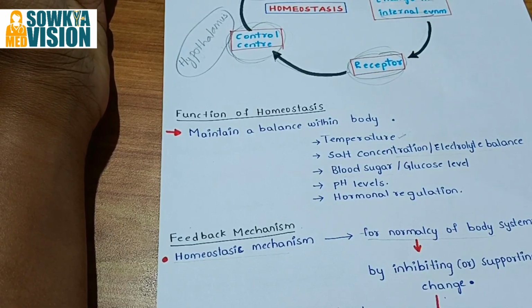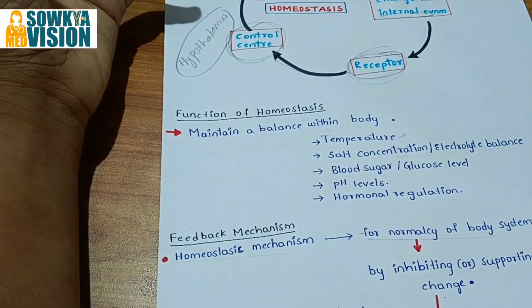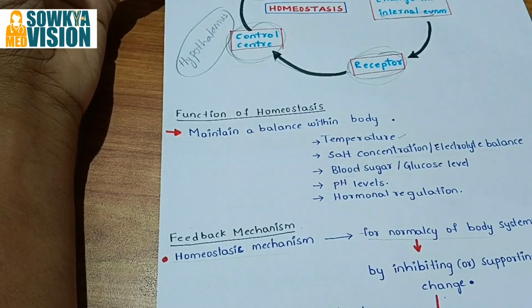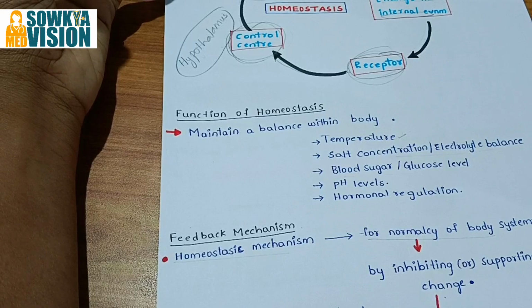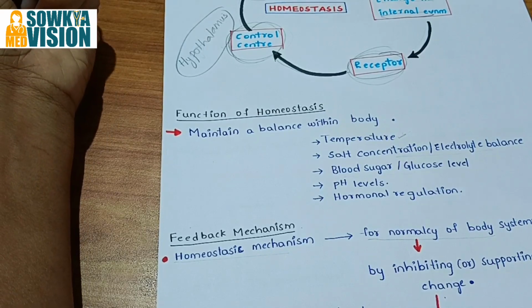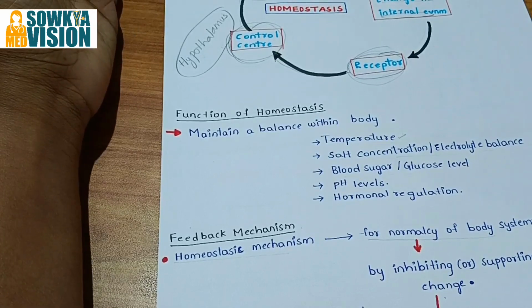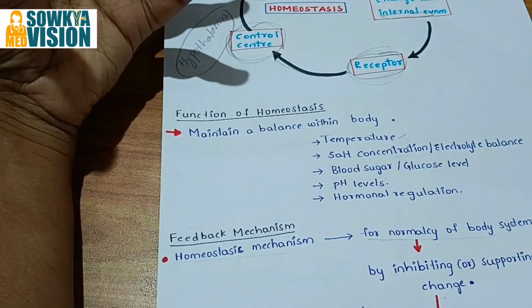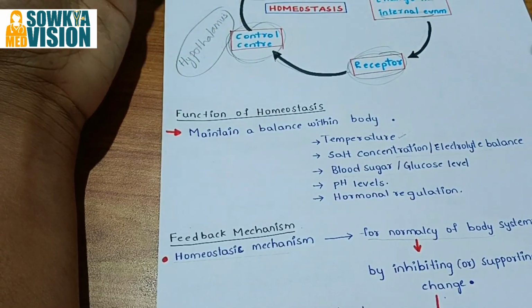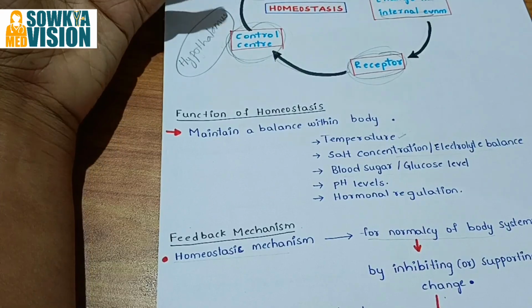Now, what is the function of the cardiovascular system? It involves the blood vessels and the heart. The heart's function is to pump the blood. That blood passes through the blood vessels, which carry oxygen and nutrients required by cells for their normal functioning.